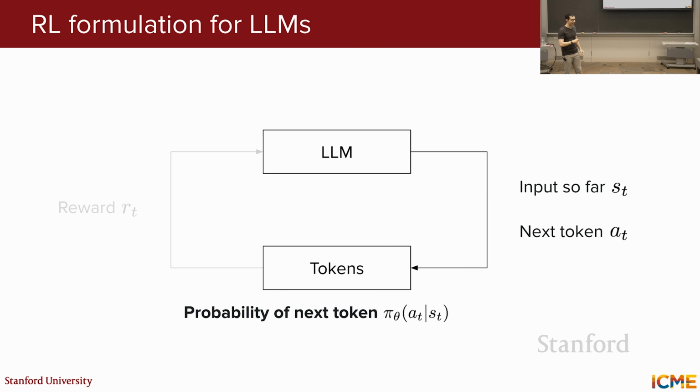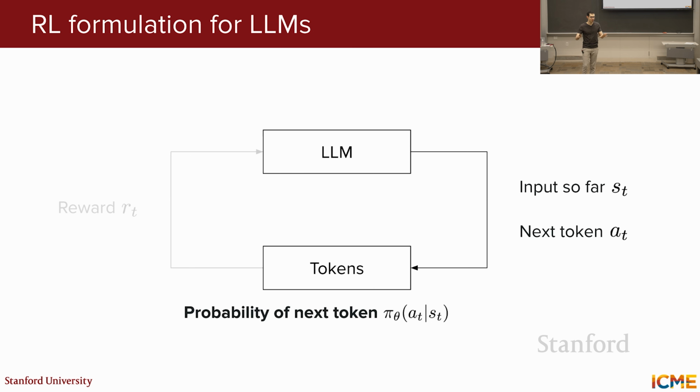In order to decide which token should come next, the LLM determines that using the probability of the next token, which is obtained when you do your forward pass and look at the probability distribution as an output, which is basically our policy. So our policy here is simply equal to the output of the LLM, given the input, in order to determine the next token.